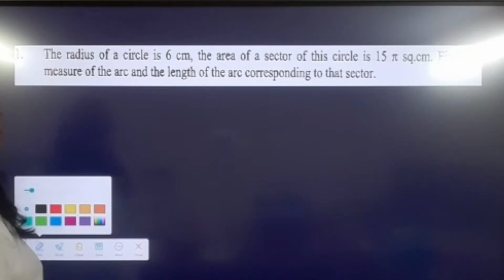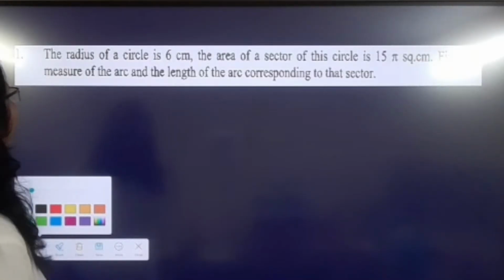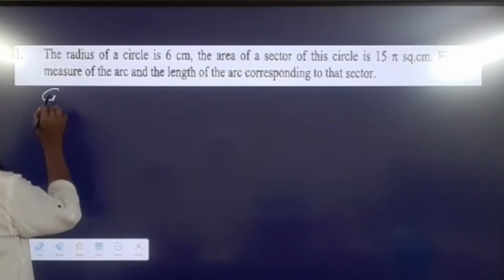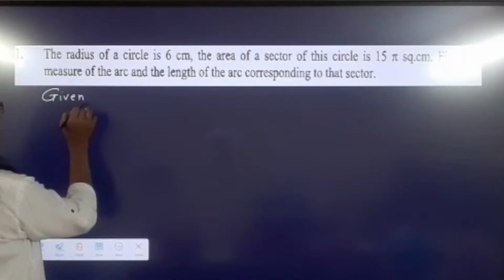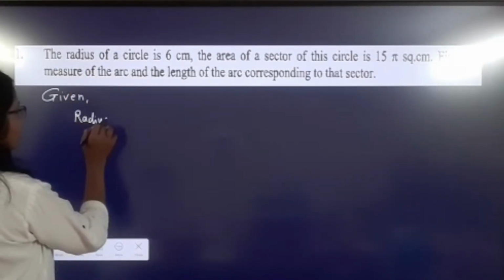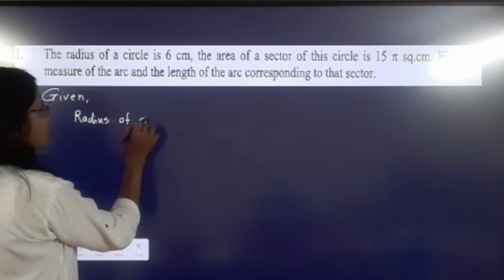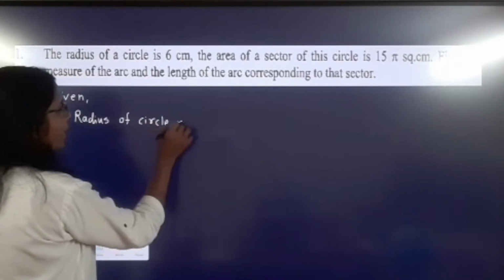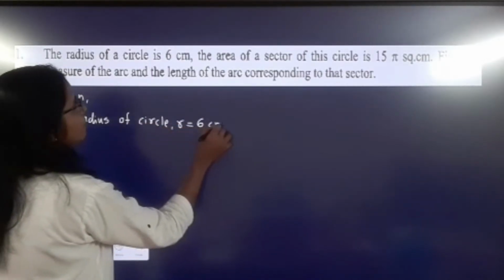Now, students, first we write down the given. In the given I write the radius of circle, r is equal to 6 centimeter.